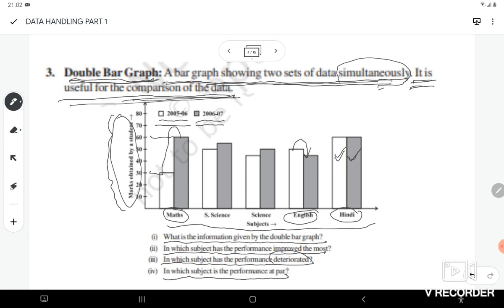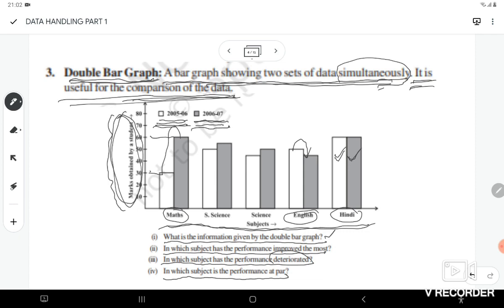Let's see the double bar graph. It shows different subjects and the marks obtained by the students in the year 2005 to 2006 and the year 2006 to 2007. Now let's see what types of questions we can expect in a double bar graph.